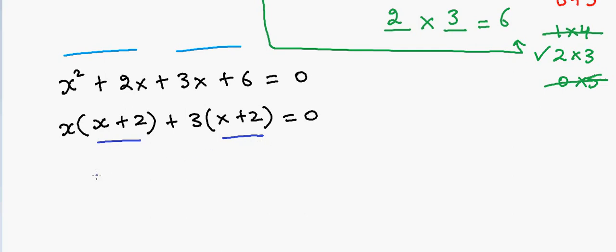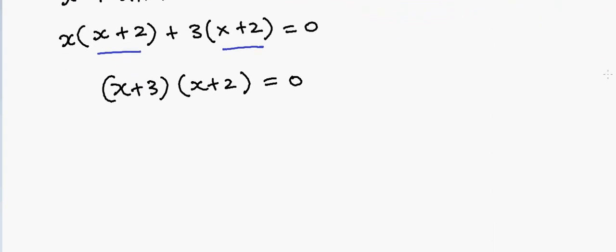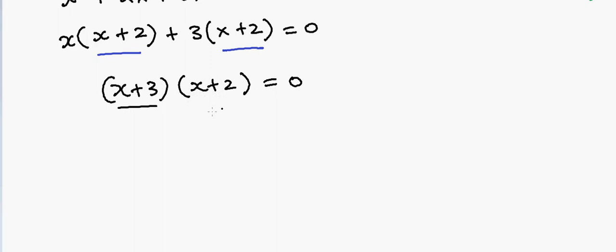So I can always write this equation as x plus 3 and x plus 2 is equal to 0. Now what it means is that if this is 0, then everything will be 0.